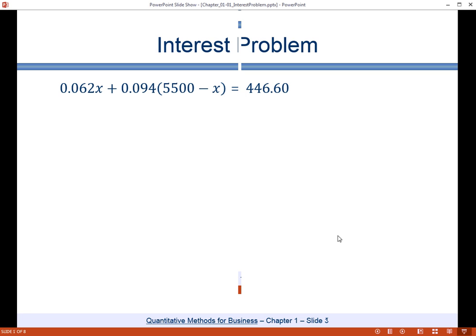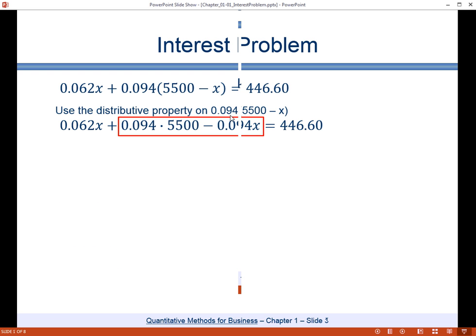We just start off by using the distributive property, multiplying 0.094 times 5,500 and multiplying 0.094 times minus x. Okay, so using the distributive property on this piece of it, we get 0.094 times 5,500 minus 0.094 times x.